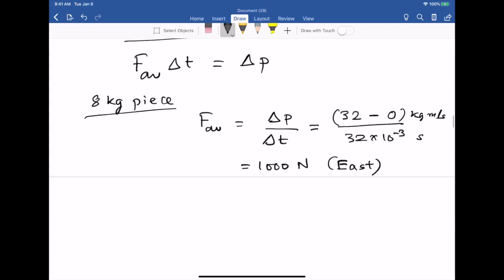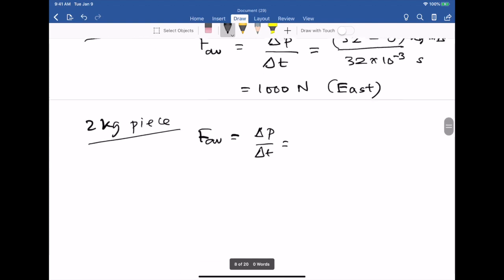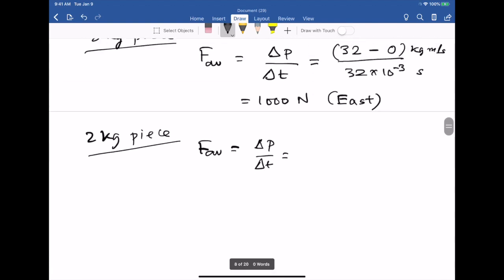Okay, let's do the 2 kg piece now. The F average would be, again, the same equation, delta P divided by delta T. So that's going to be the final momentum of the 2 kg piece right after the explosion, which in our sign convention was 2 times negative 16. So in other words, it was minus 32.